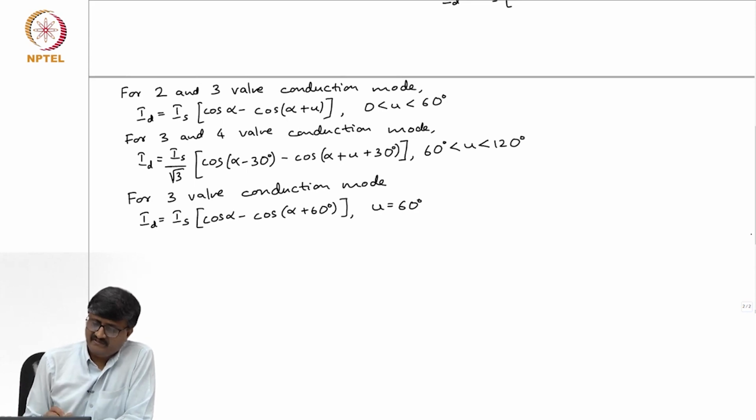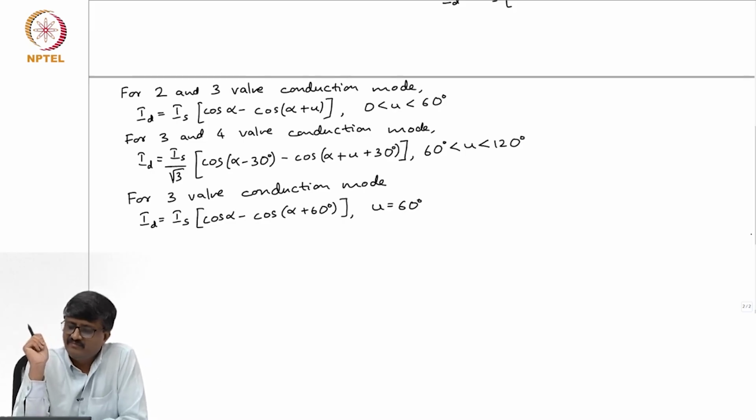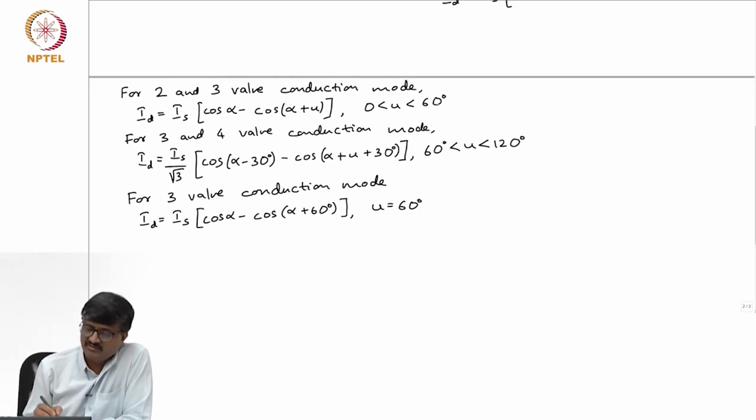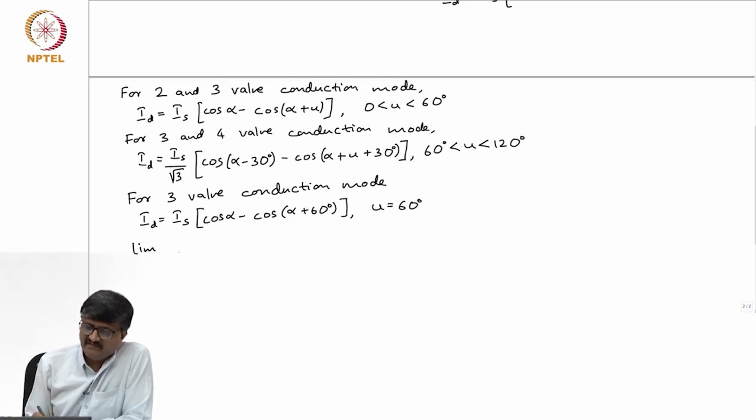Now let me see whether the equation that we obtained for 2 and 3 valve conduction mode is applicable for u equal to 60. It is to be noted that it's applicable for u less than 60, but is it valid for u equal to 60? It can be shown that it is true. Suppose I take the limit of the right hand side in the equation which gives the expression for ID for u less than 60 degrees.